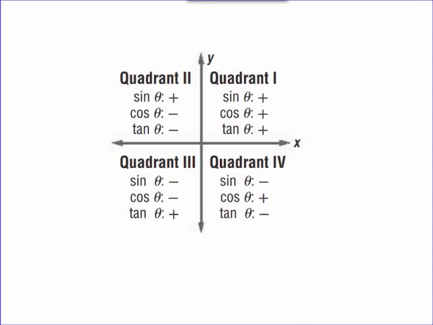In quadrant 2, one person or 2 people are sad. Quadrant 3, 2 people are sad. And quadrant 4, 2 people are sad. So quadrant 1, everything is positive. It's always good to be positive.